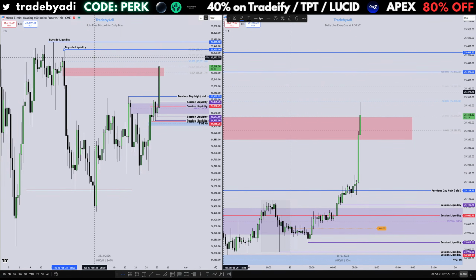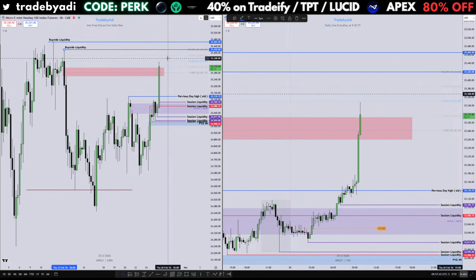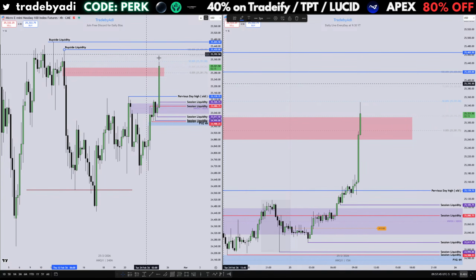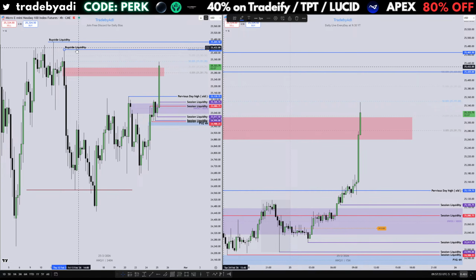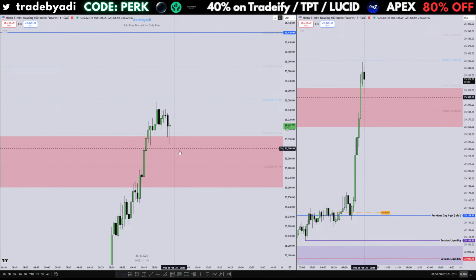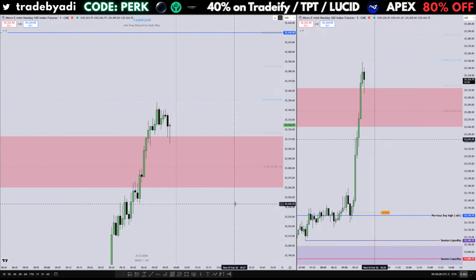And if we see some SMT with the ES, because the ES is not going to take this high, this is what I am expecting. And Nasdaq is extremely bullish, so Nasdaq is going to take this high and this high, this buy side liquidity. This is what I'm thinking.